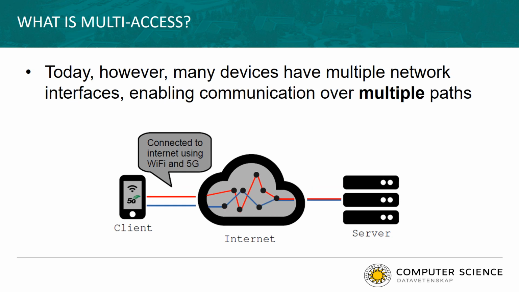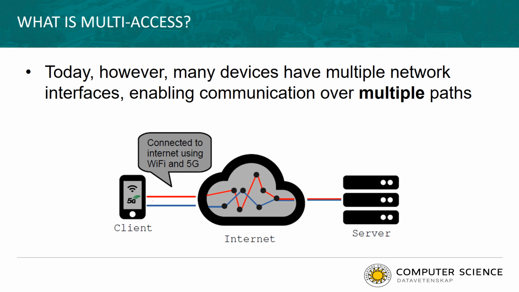Today, of course, however, most of our devices that we use have multiple network interfaces available. If you think about your mobile phone, for instance, your mobile phone will have both a Wi-Fi connection and a cellular connection. So it's actually possible for us today to communicate over multiple paths.